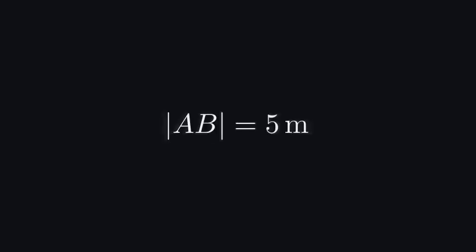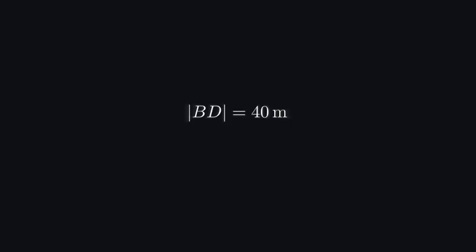Now draw the building vertically upward from A. Let the top of the building be B. The height of the building is 5 meters, so length of AB equals 5 meters. Length of BD equals 40 meters. Length of CD equals 5 meters.